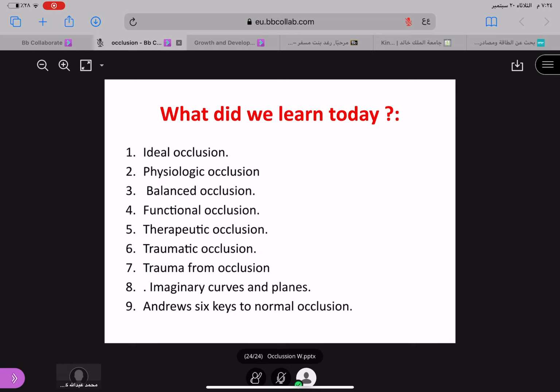Third, we discussed the dynamic occlusion, which is known as balanced occlusion. Once we move the mandible from static to dynamic, all forces should be equal, in equilibrium. Then we discussed the functional occlusion, therapeutic, traumatic, imaginary curves, curve of Spee, curve of Wilson, curve of Monson, their role in occlusion, and then we discussed Andrews' 6 keys.